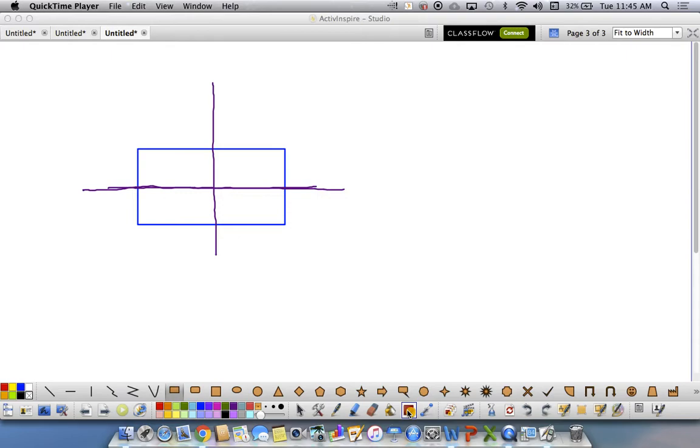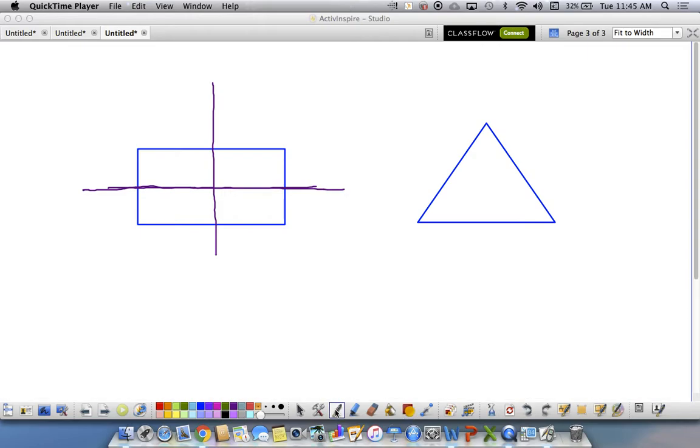Okay. What about, we're going to pretend this is an equilateral triangle. If this is an equilateral triangle, how many lines of symmetry are there and can you draw them? Okay. Well, if I drew straight down through that vertex and I folded it, would the right side look like the left side?